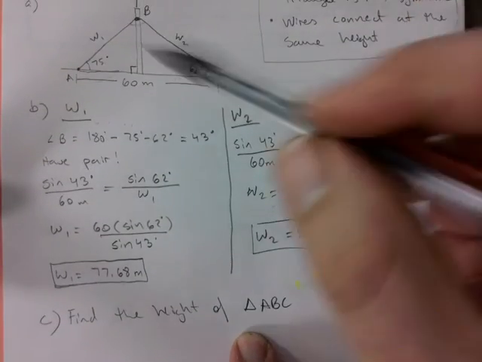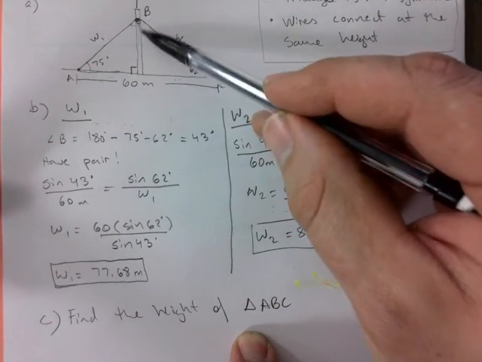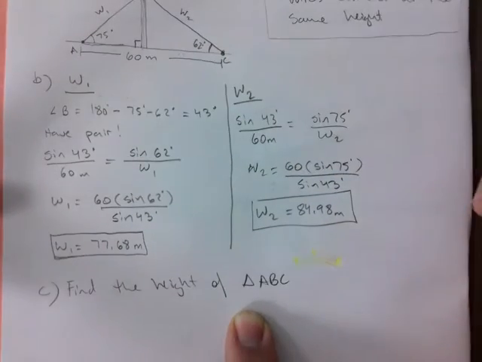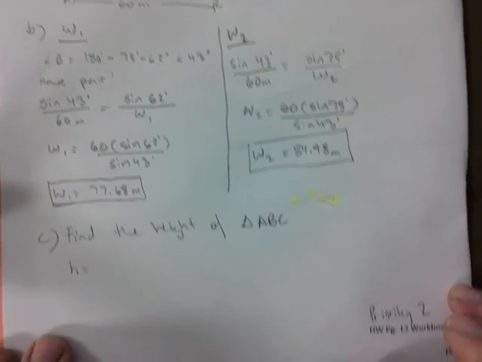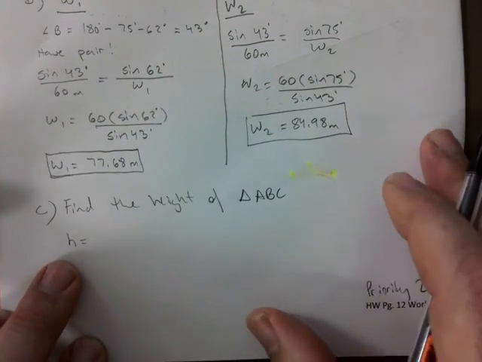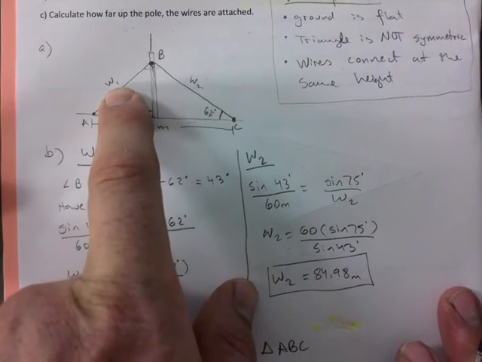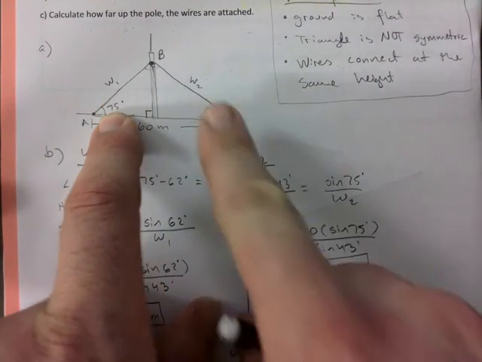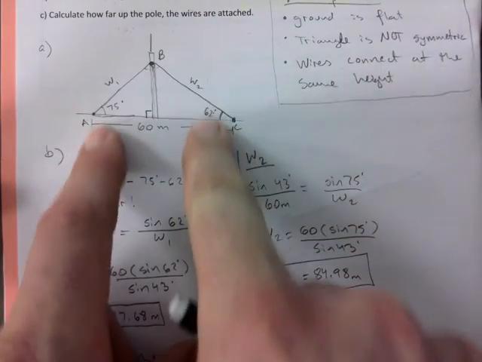Because if you look at your diagram, how high up the pole are they attached? They're asking for the height. So you have two options. Sorry, I'm going to go back up. You can go wire 1 times sine of 75, or you can go wire 2 times sine of 62. It's up to you which one you want to do.